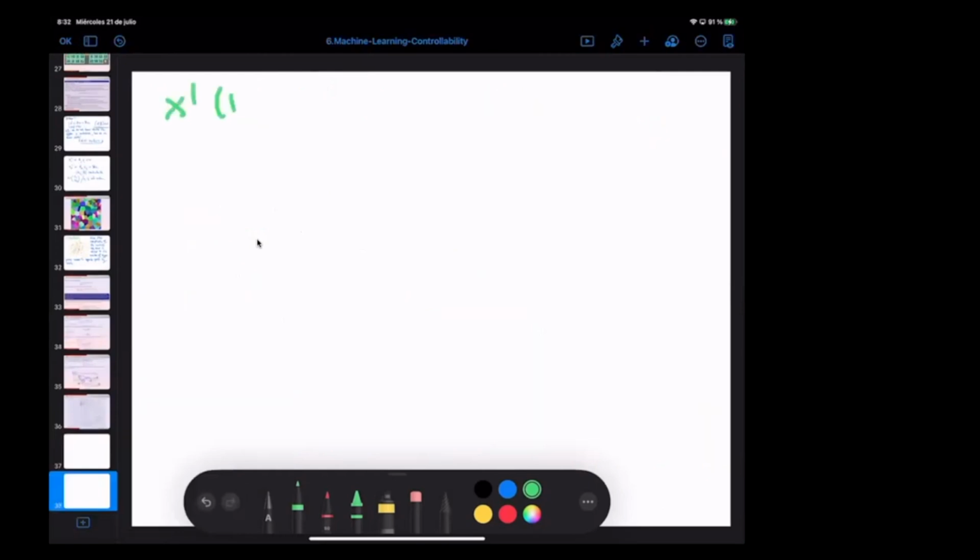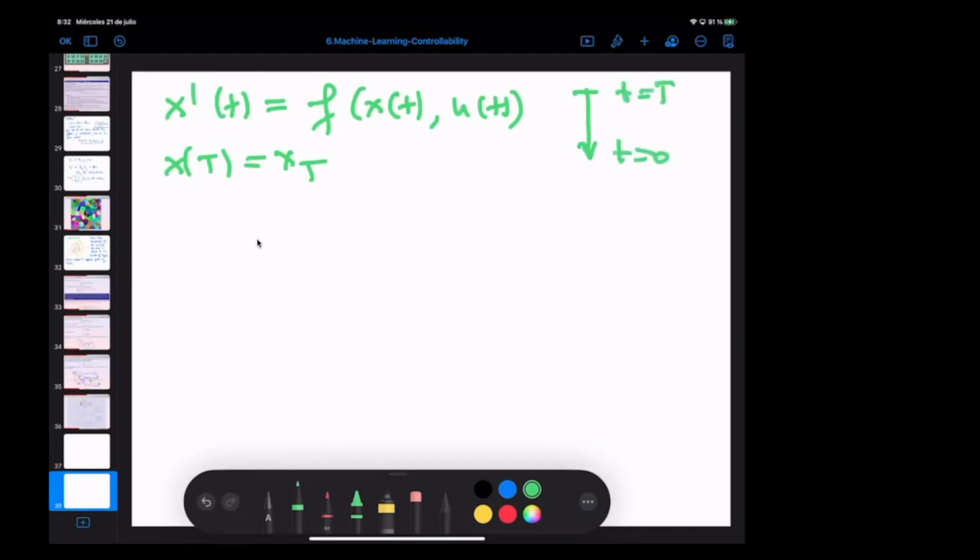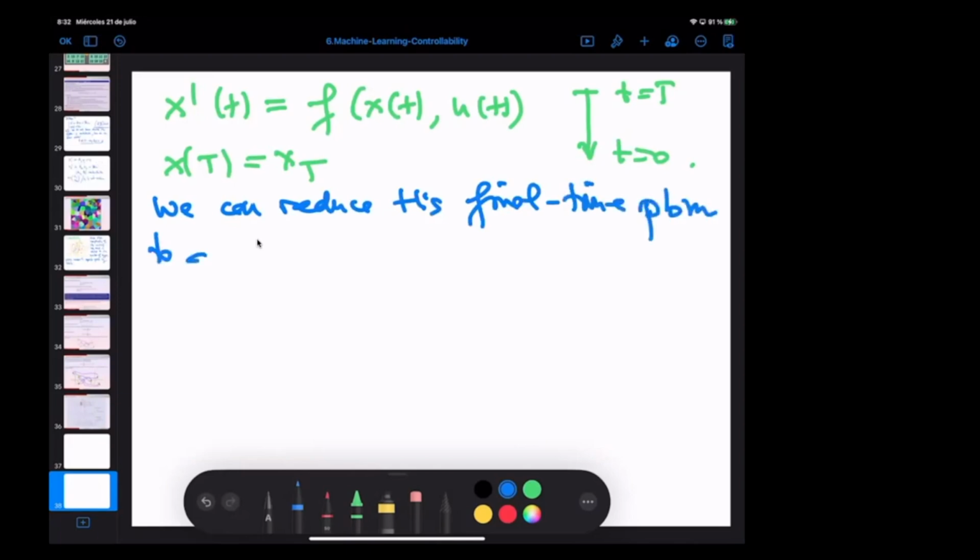If you have to show this equation, but now you have to do it in the backward sense of time, from t equal capital T to t equal to 0. So we can reduce this final time problem to an initial value problem by doing what?